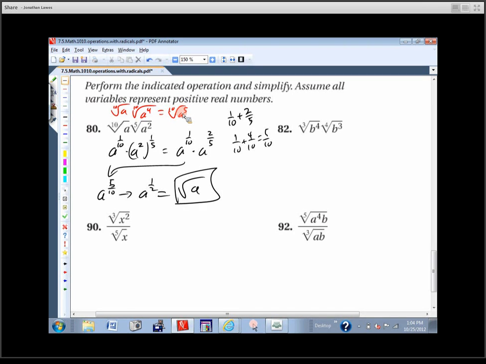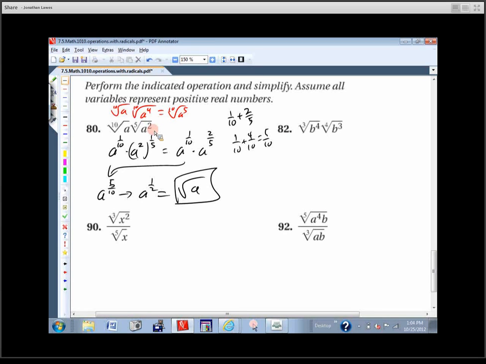I still don't have a group of 10 to take out, but if I write that as a rational exponent, it would be a to the 5/10, which is a to the 1/2. Same answer I got here, so then I could write it like this. You might find that easier than getting a common denominator. It's kind of like getting a common root. If you adjust the index, you've got to adjust the exponent on the inside. Does that make sense?